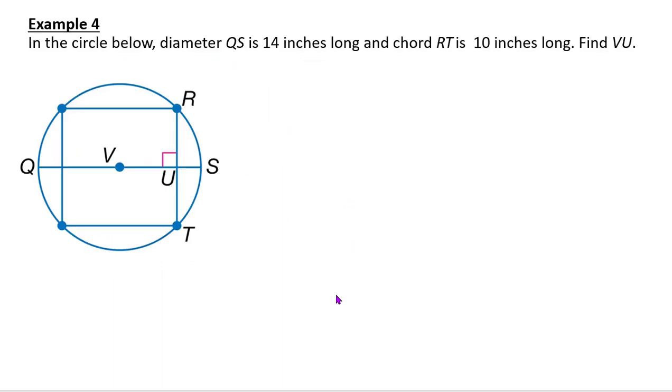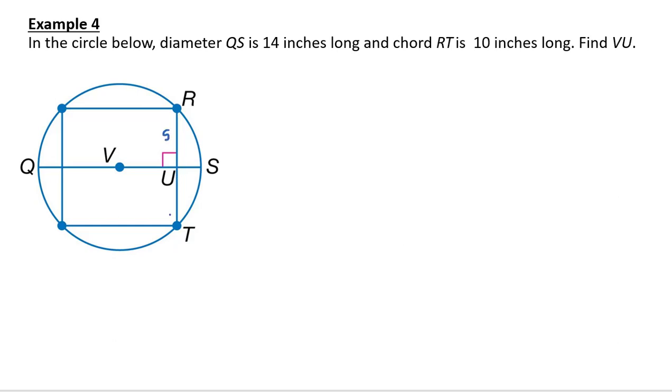In the circle below, diameter QS is 14 inches long and chord RT is 10 inches long. Find UV. So I have a diameter that's perpendicular to a chord. That tells me that U is the midpoint. So UR is equal to UT.